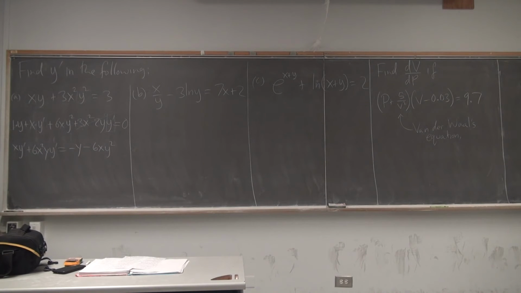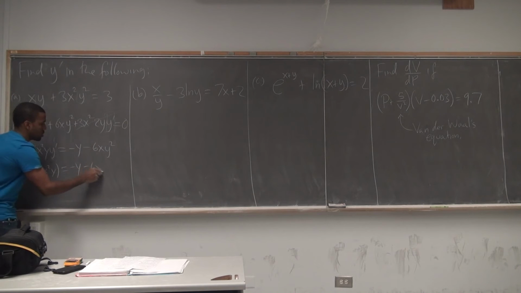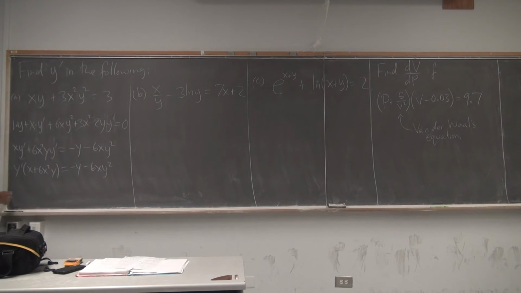Now what? Factor out. Now y prime is a common term, factor it out. And then divide both sides by this guy. And that's your y prime.